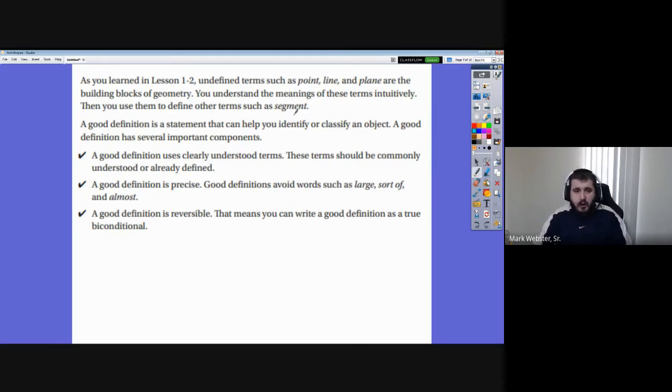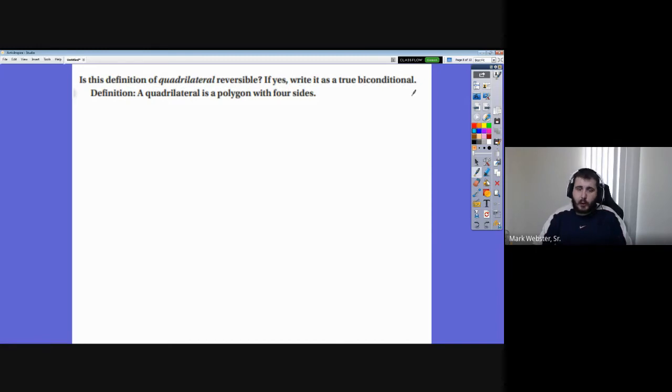So let's talk about these. Is this definition reversible? If yes, we're going to write it as a true biconditional, and if not, we're going to say why.